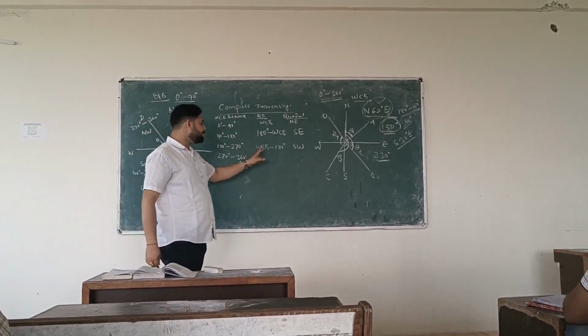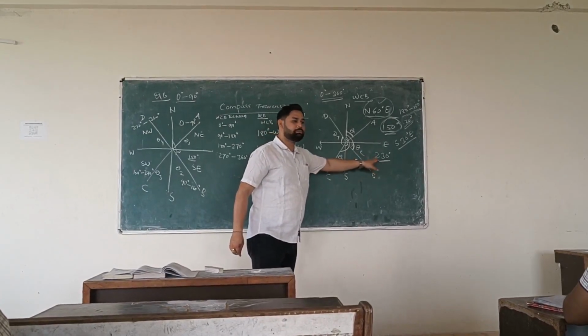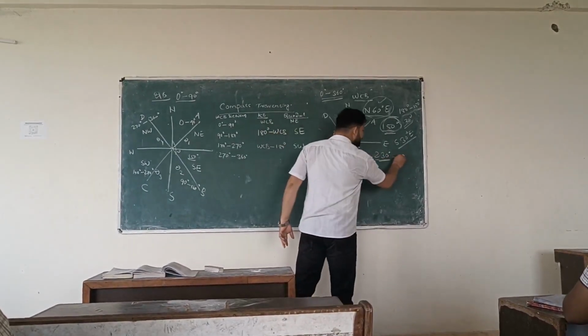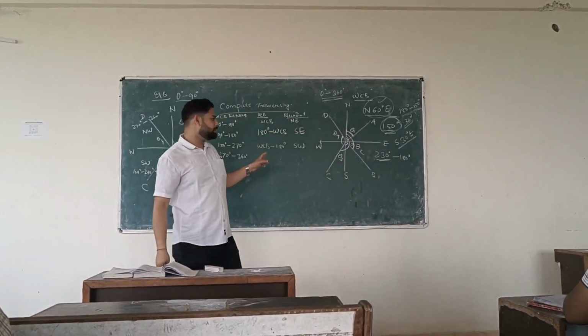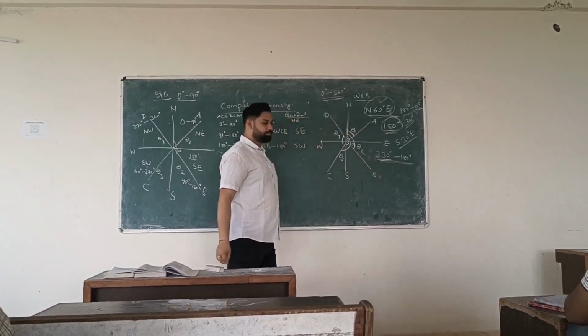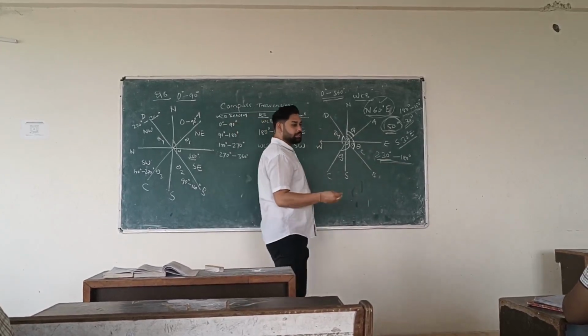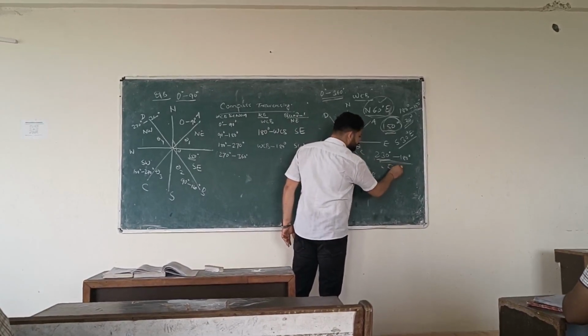So in this case, your WCB is 230 degree. So what are you doing? 230 degree minus 180 degree, to find out the reduced bearing. Please calculate. 50 degree.